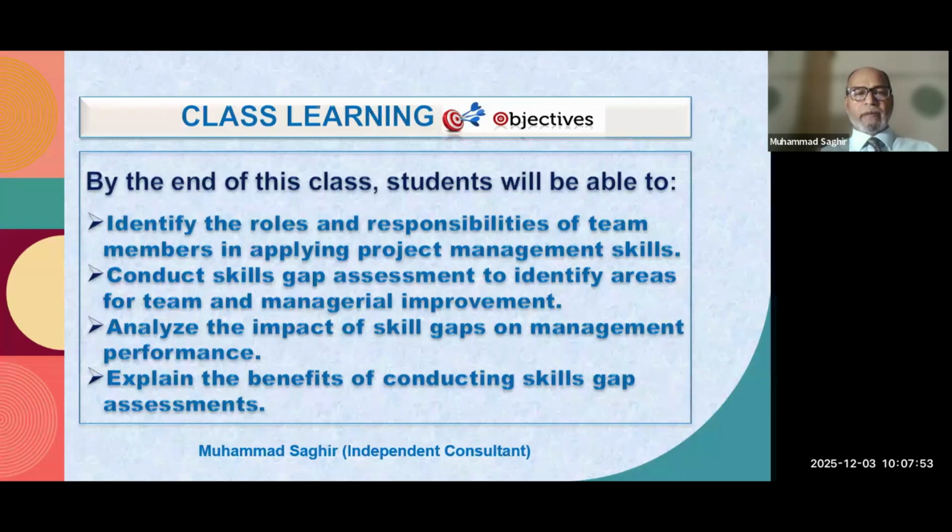In order to identify the gaps related to the skills, we will discuss how to conduct skills gap assessment to identify areas for team and managerial improvement. Once we identify areas, then we would be able to improve the managerial skills and analyze the impact of skill gaps on management performance.